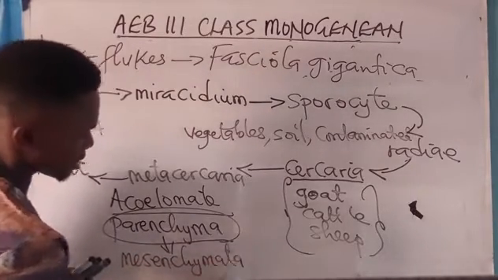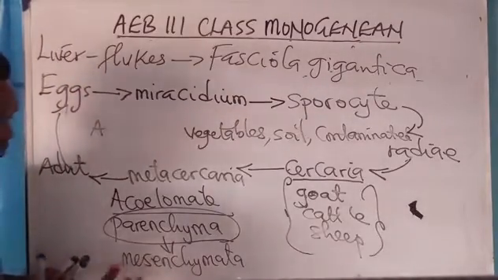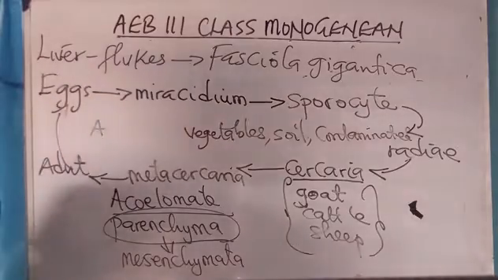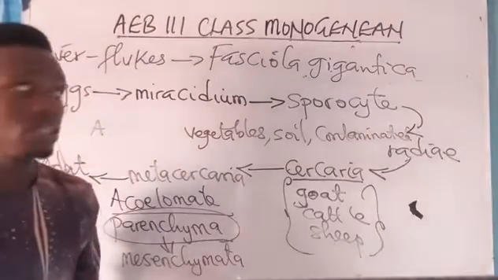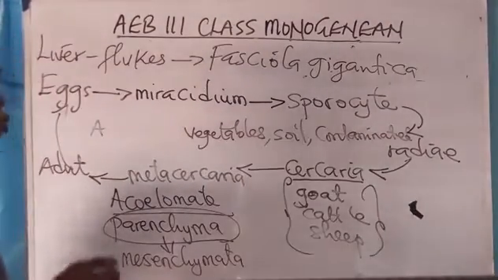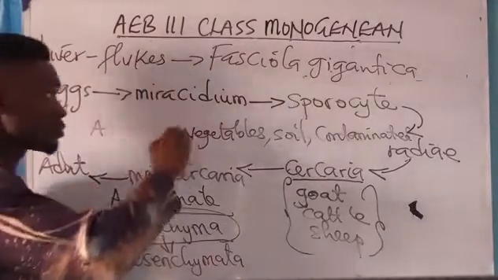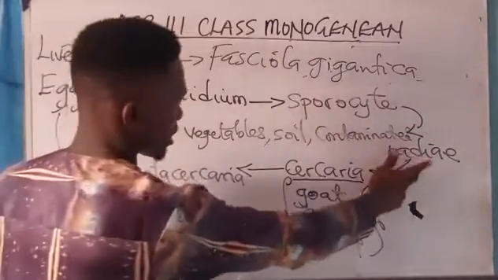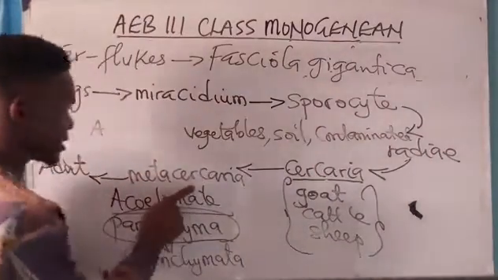If I don't call it mesenchyma, I can call it what? Mesenchymatous cells. Okay, so please, at this point, we have the larval stages of these organisms: the Miracidium, the sporocyst, rediae, Cercaria, and Metacercaria.